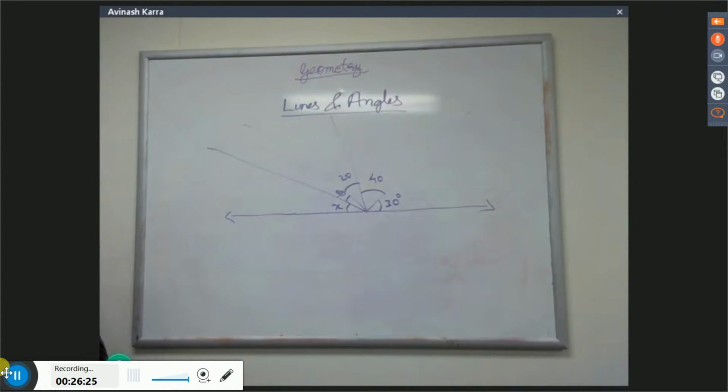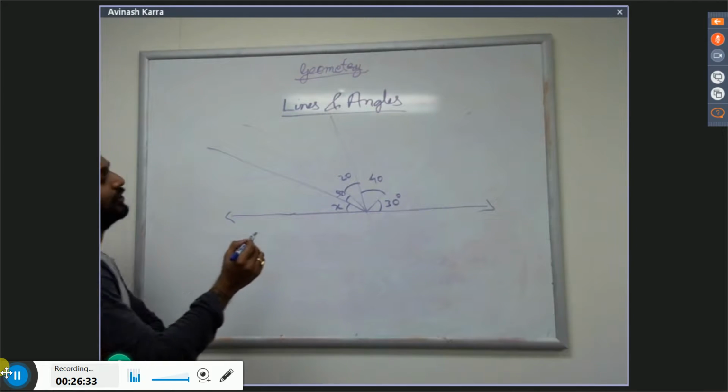The value of x is 40. How did you do that?